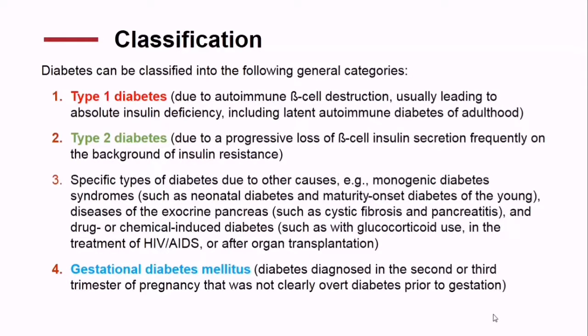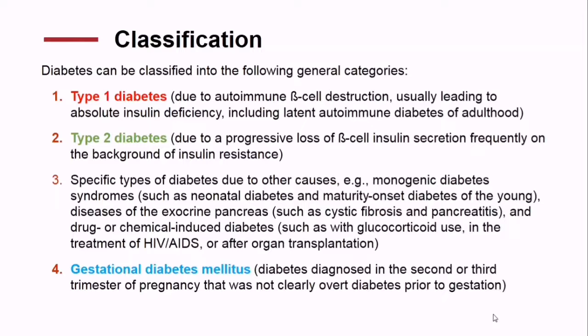And type 2 diabetes is due to progressive loss of beta cell insulin secretion, frequently on the background of insulin resistance. Here you observe that there is no absolute deficiency, but a relative deficiency of insulin. There is a shortage of insulin production, and due to the shortage, the metabolism altogether will be different in type 2 diabetes.